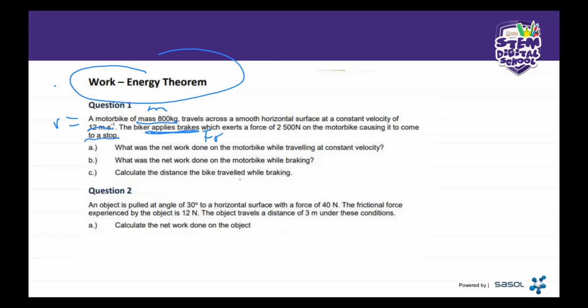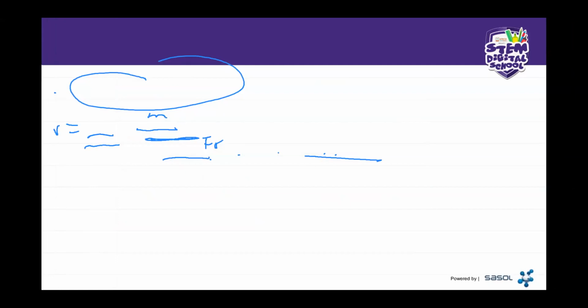Okay. So those are the few hints that you already have here. So what they want to know here for the first one, on A, what was the net work done on the motorbike while traveling at a constant velocity? Okay, net work, constant velocity. So let's go and, okay.